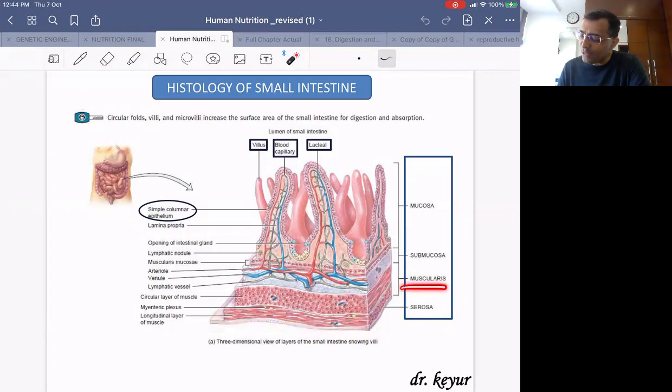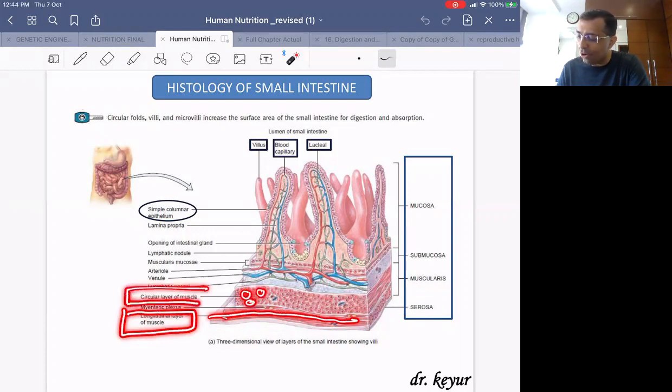Underneath it, the muscularis is made up of a longitudinal layer of muscles, and along with it, you have a circular layer of muscles. But mind you, there are no oblique muscles. Oblique muscles are only found in the wall of the stomach.